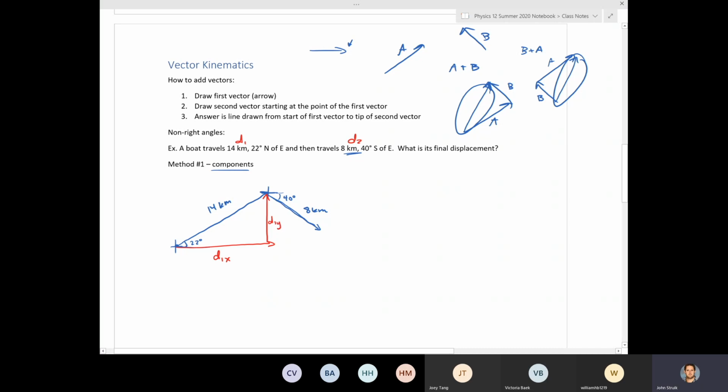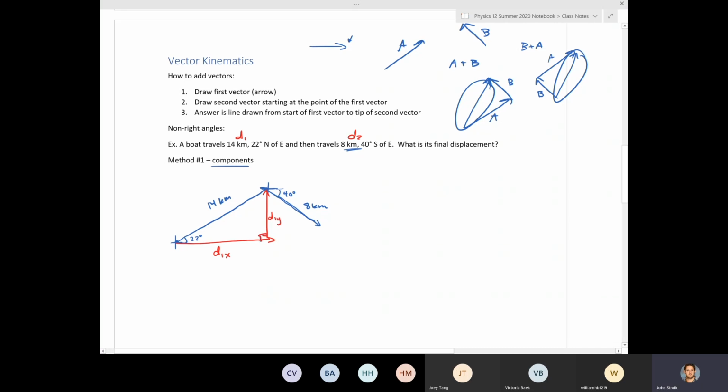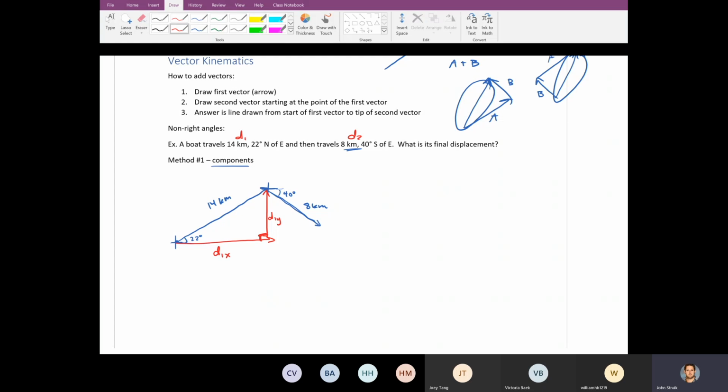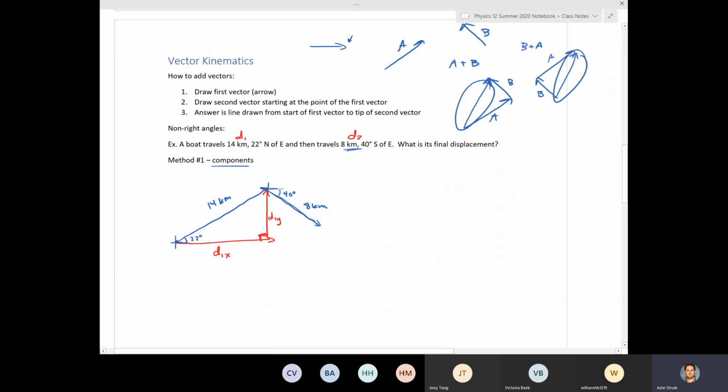Because it's xy, this is 90 degrees right here. Then we'll draw the next one, going green: D2x and D2y, like that. So all you're doing is drawing a right triangle on each vector.